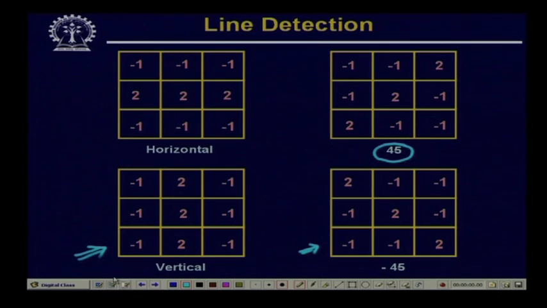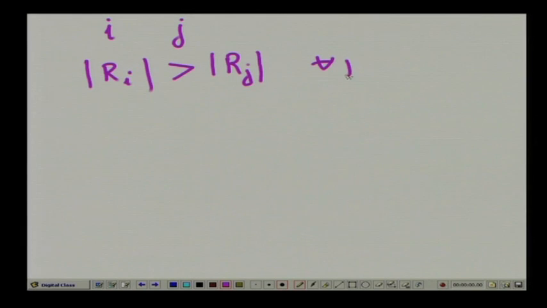And if I take a particular mask, say the ith mask, and any other mask, say the jth mask, and if I find that the absolute value of R_i computed with the ith mask is greater than R_j, where R_j is the value computed with the jth mask, for all j not equal to i.